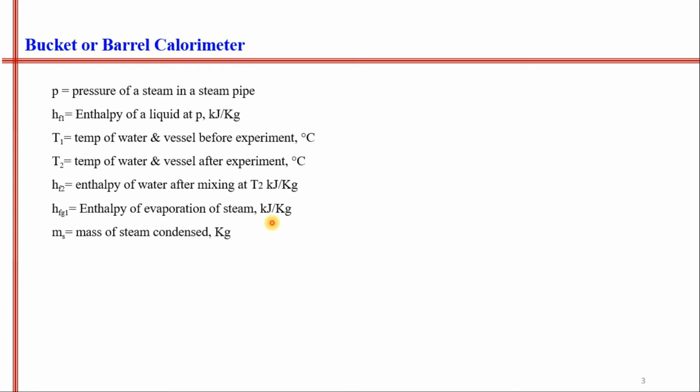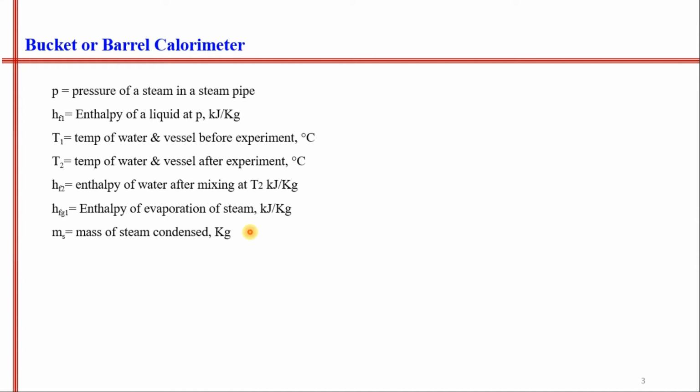MS is the mass of steam condensed. This mass of steam will be measured using the weighing platform, because we have already weighed the empty calorimeter. Then after filling water, we note the weight of the calorimeter. Then after the experiment, we again measure the weight of the system.